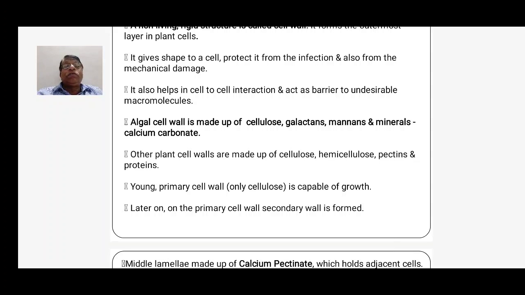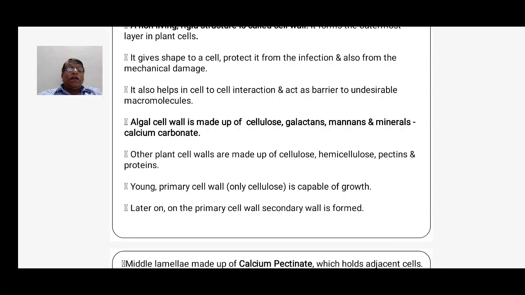Because of this, the molecules move from one cell to another cell. Okay. One is protection. Okay.